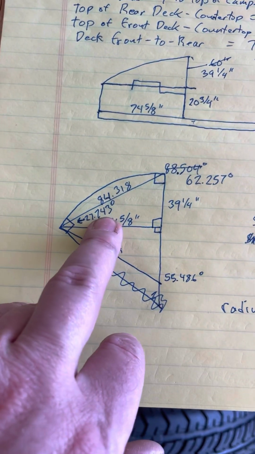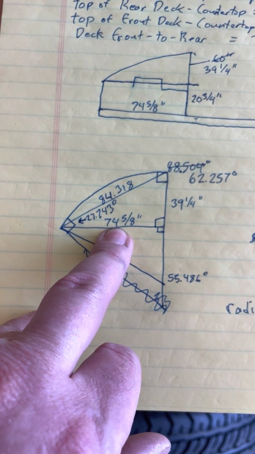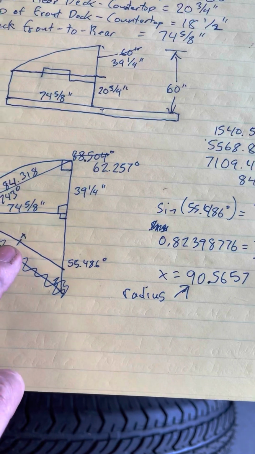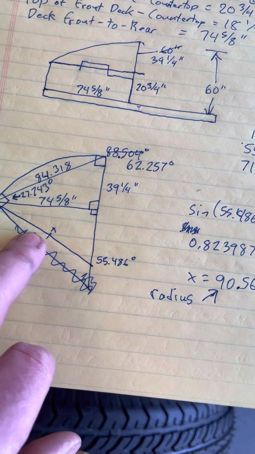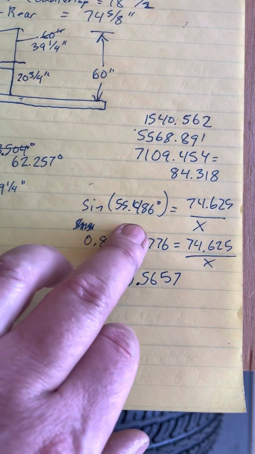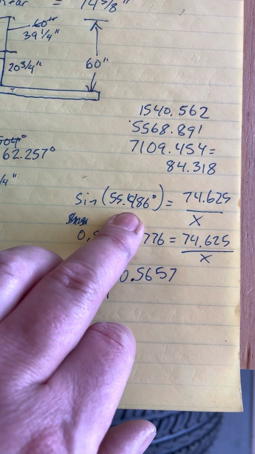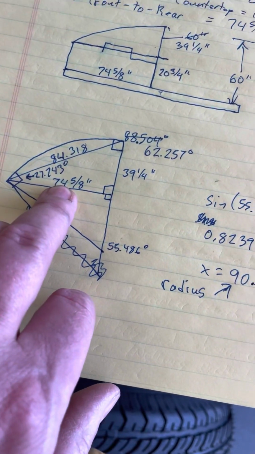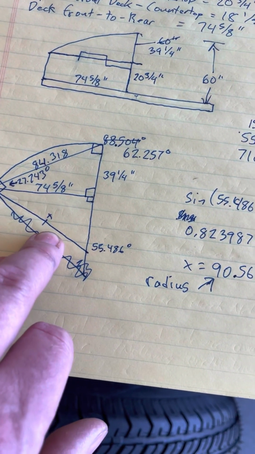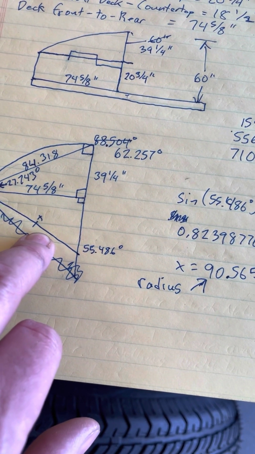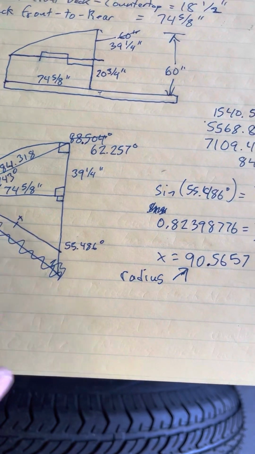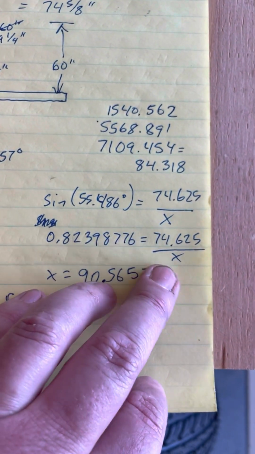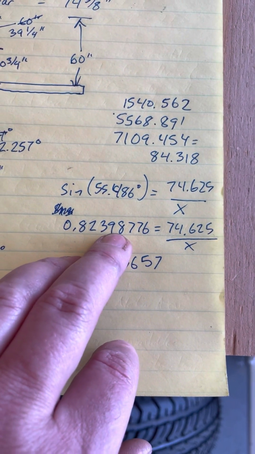So if we got the angle and we have that distance, that would be a sine. So x is what we're looking for. So sine of 55 degrees is equal to our opposite length divided by our, what's that called again? Hypotenuse, I guess. So 74 divided by x, transpose those.